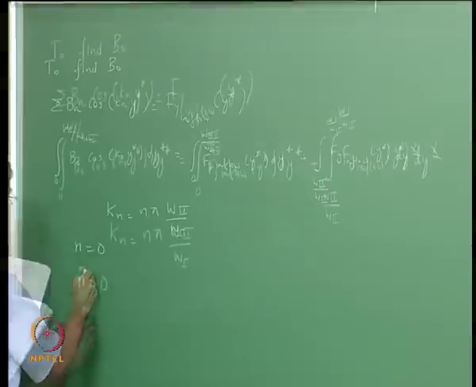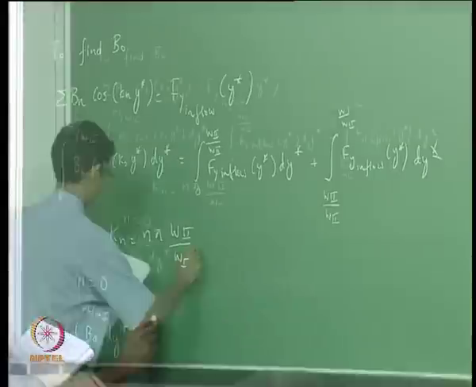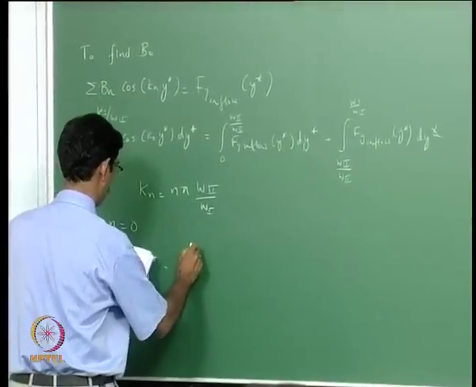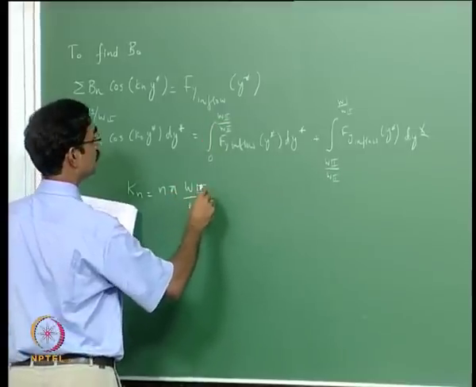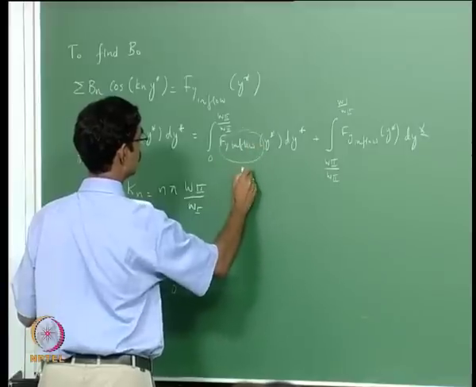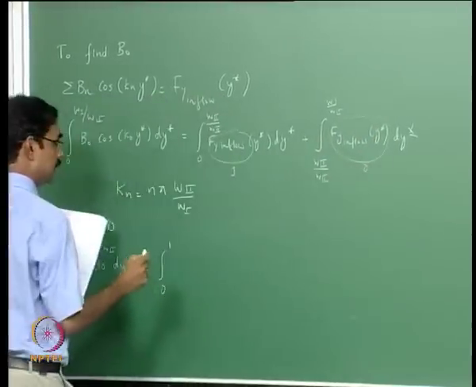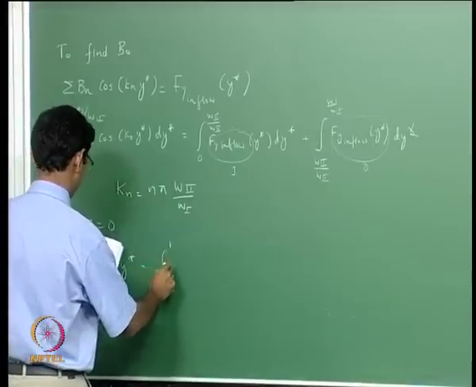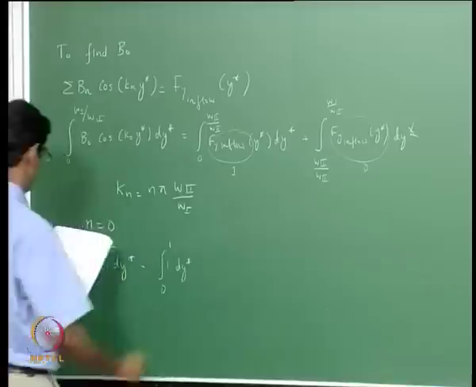The integral 0 to W1 over W2 of B naught dy star equals the integral 0 to 1, because this is W2 by W2, and this has a value of 1 in the fuel slot and a value 0 for Z. So you will get 1 into dy star.